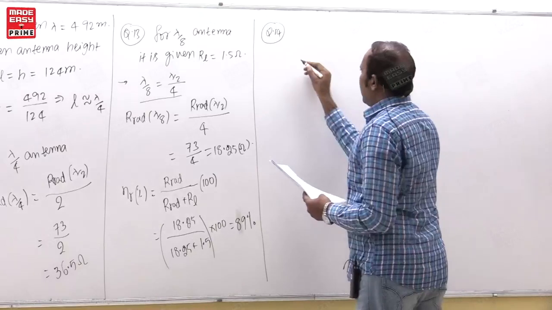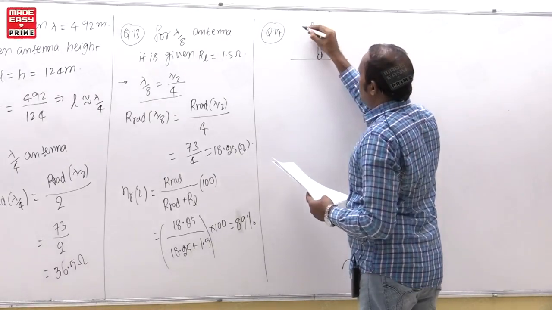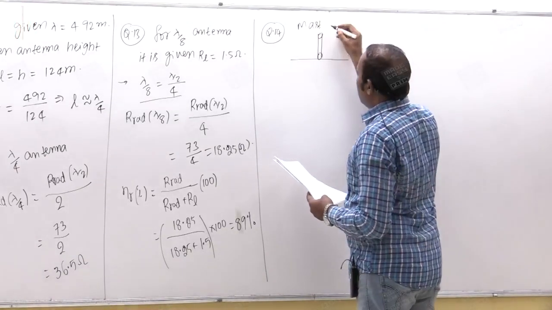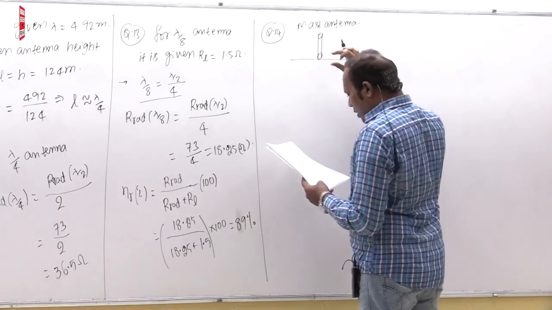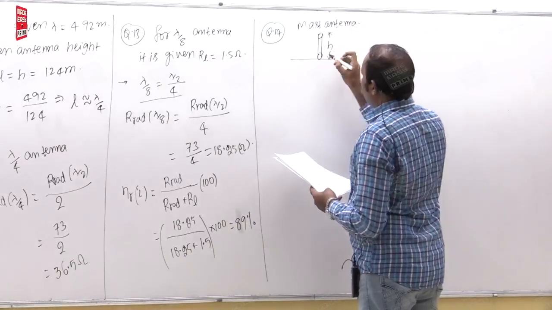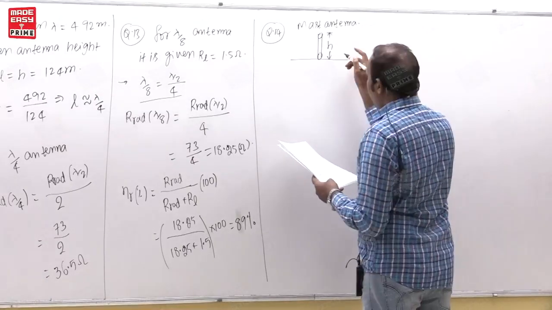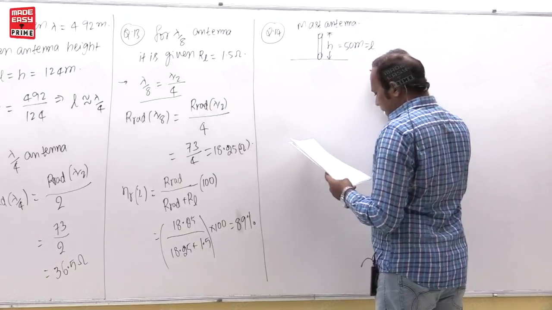So a mast antenna of height, so this is a mast antenna. Actually, mast antenna means there is a support for it, that is the meaning, right? To hang or erect it, support is required. He is saying 50 meter, that is the length of the antenna.